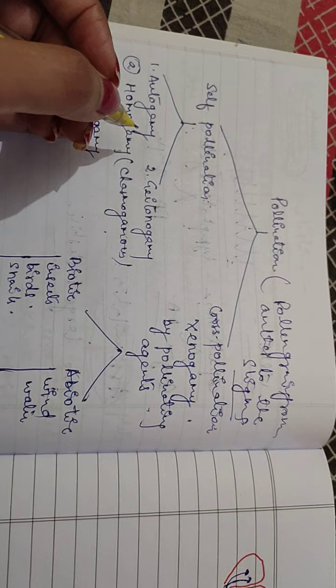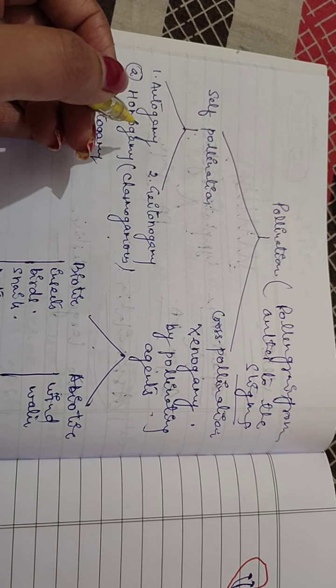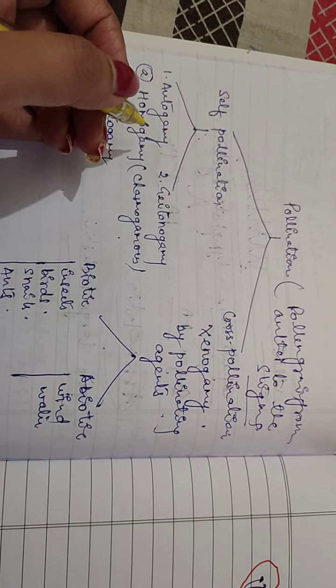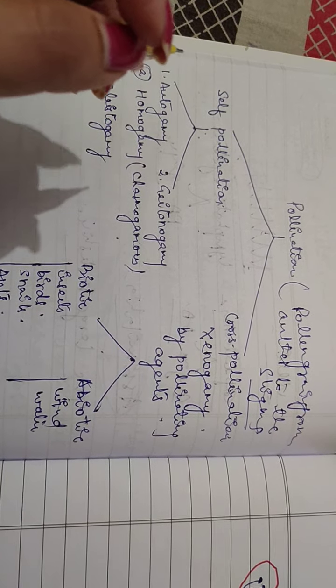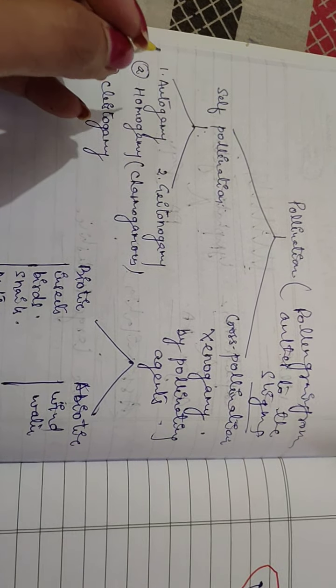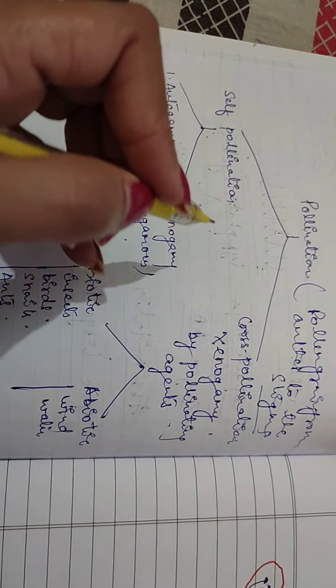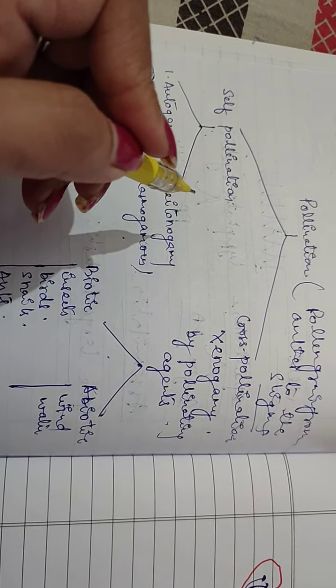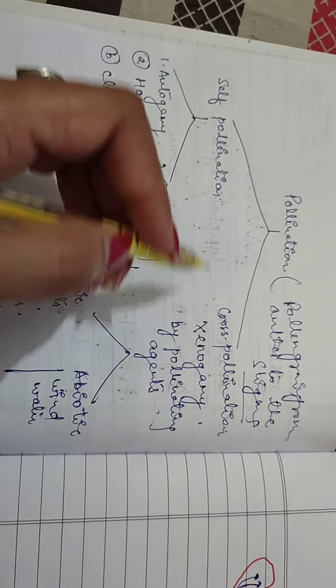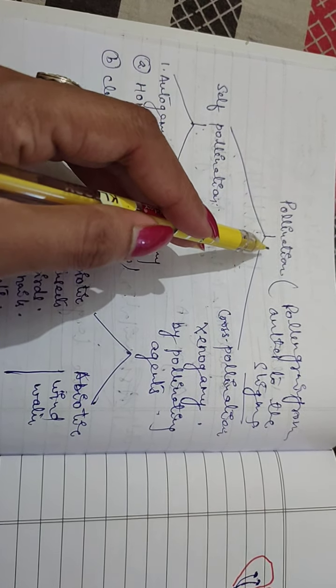It is possible only when anthers and stigma mature simultaneously, and this is a very important point: the transfer can occur only when anthers and stigma mature simultaneously. So this is pollination.